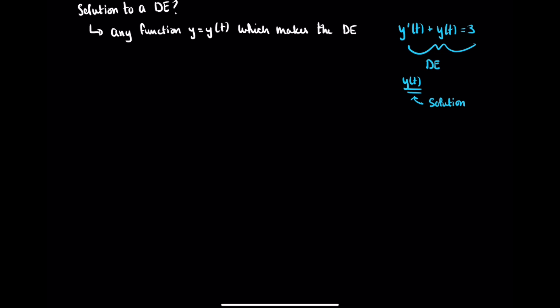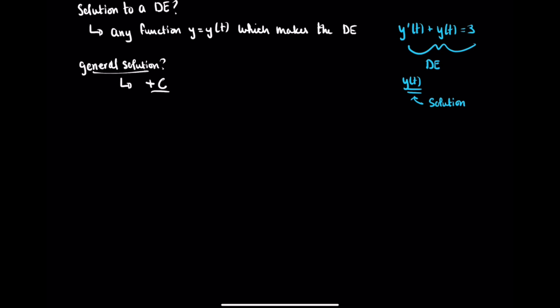And then while we're at it, we need to talk about what a general solution means. So what is a general solution? A general solution is a solution that includes all the possible solutions, and usually this means it's like plus c, right?